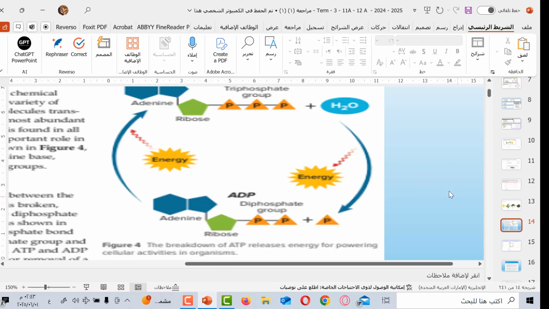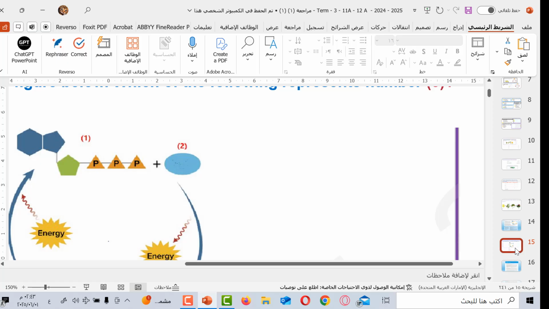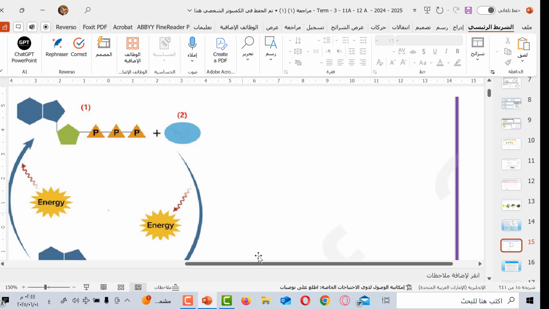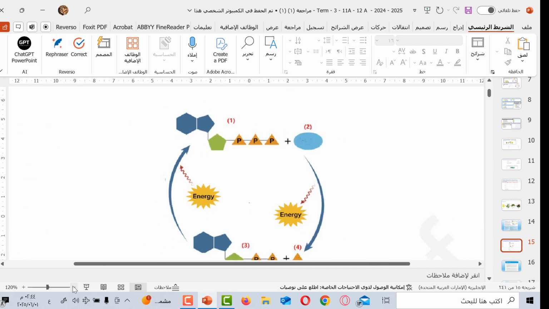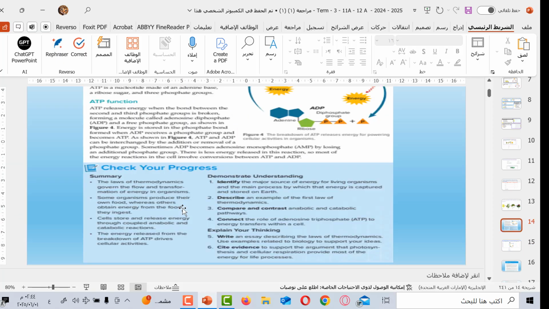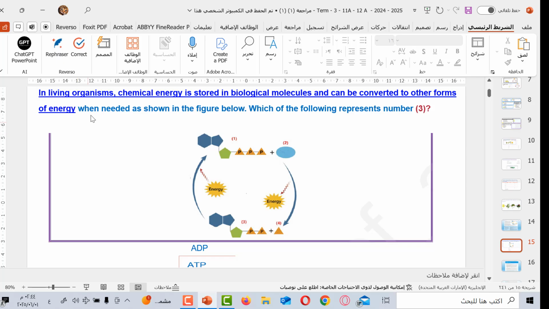Okay, let us see one question about that. When needed, as shown in the figure below, in living organisms chemical energy is stored in biological molecules and can be converted to another form of energy.